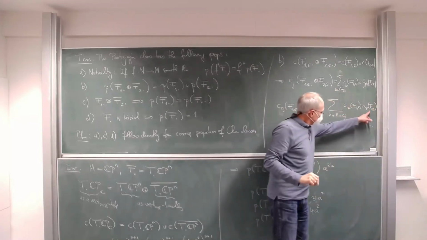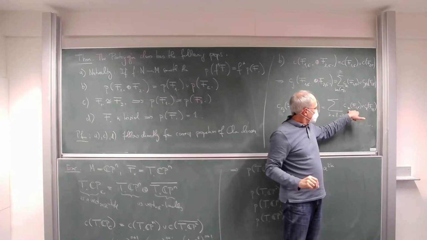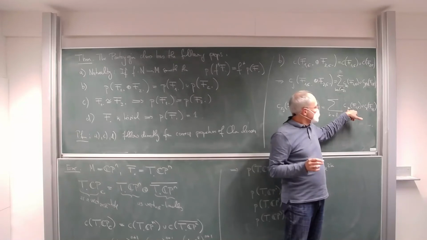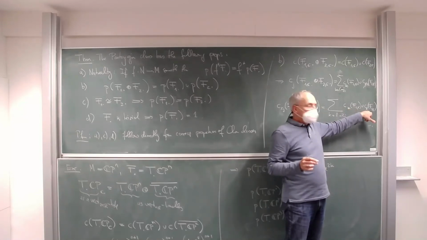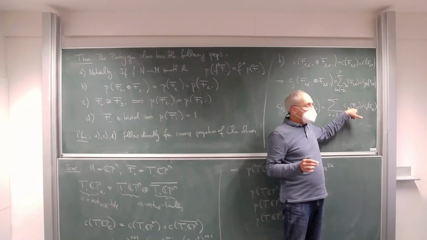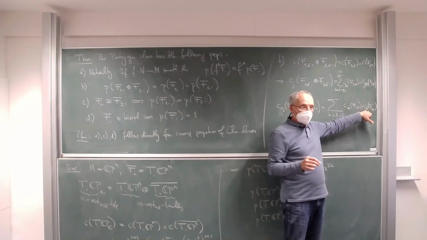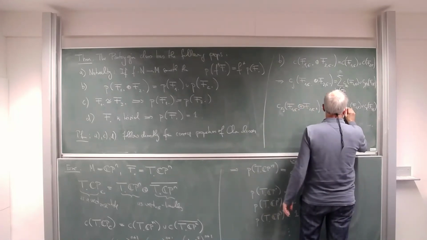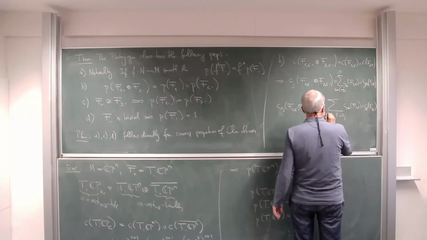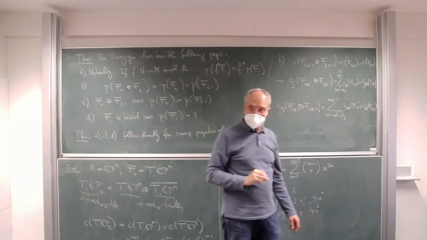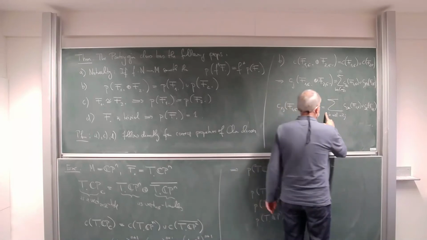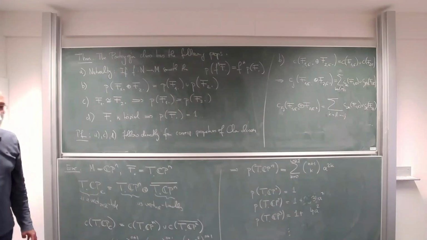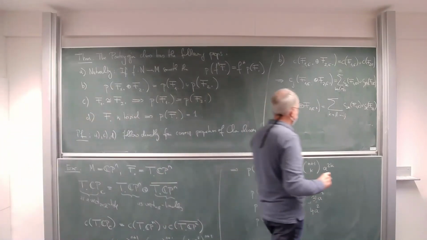But these two are also complexifications, so we know that if one of these indices is odd, then the term is 0 anyway. So for these terms, we only need to consider the case where k is even and l is also even, because otherwise it's 0. So we can also write this as 2k and 2l, so that I have 2k plus 2l equals 2j. And then I can remove the 2's again, right? Okay. So we have this formula.